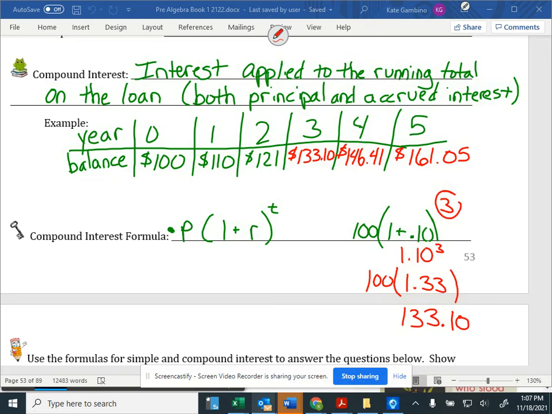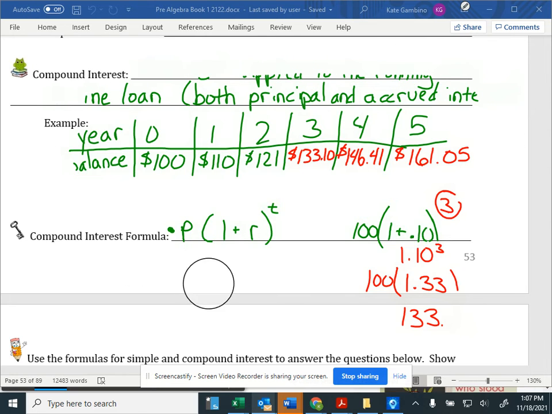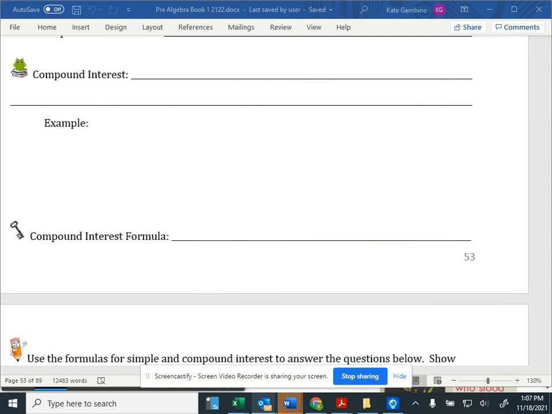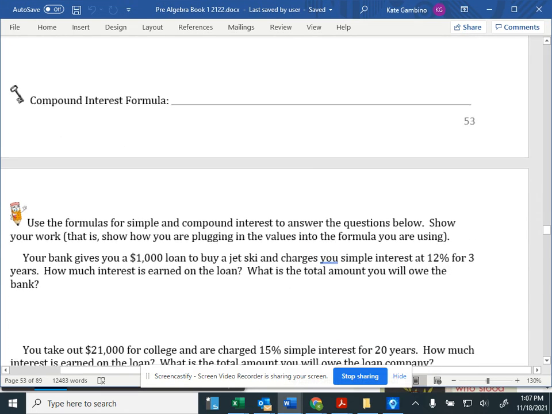Okay? So, if we look at page 54, we have one page for the homework. So let's see what the directions are to make sure we do all of our directions.